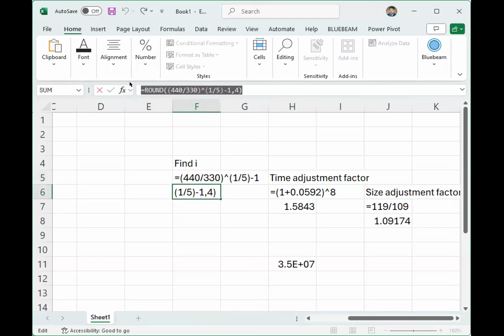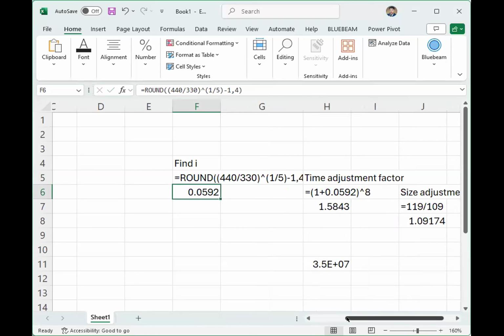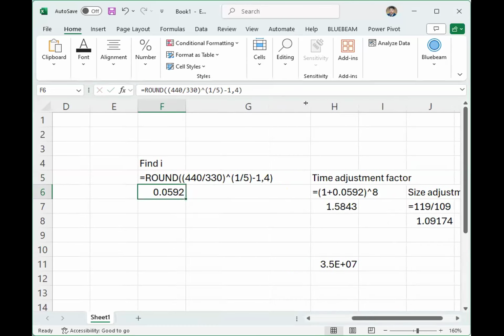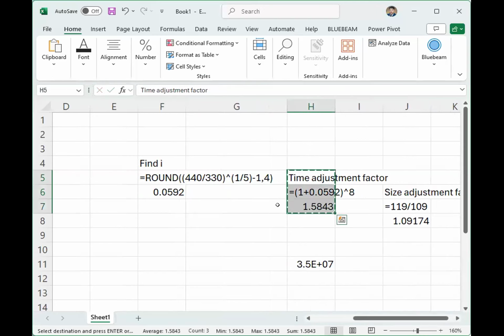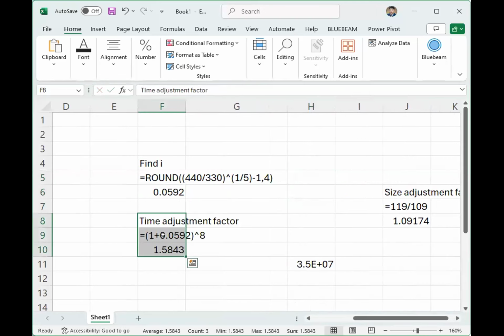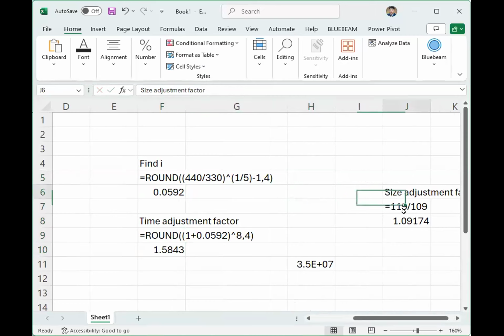So let me put this one back to here. Probably more space here. I'm going to remove this one down here. All right, so the size adjustment we are doing the same way.